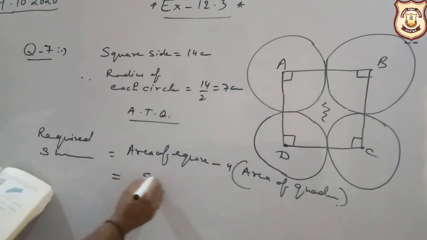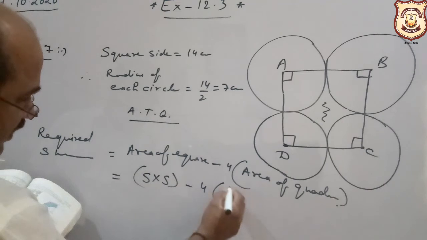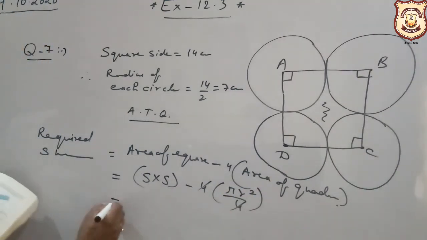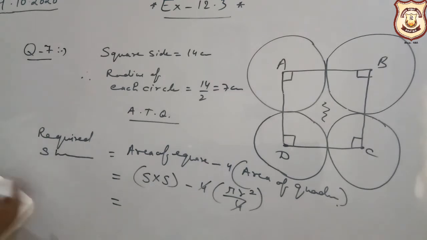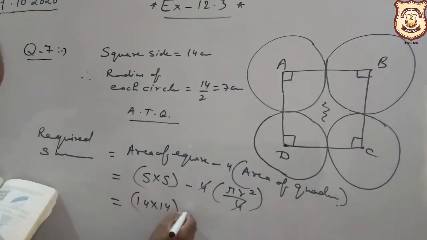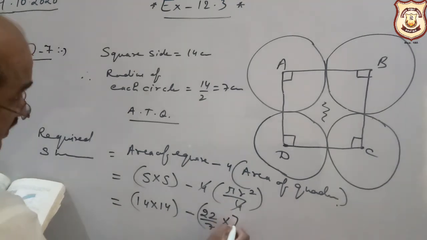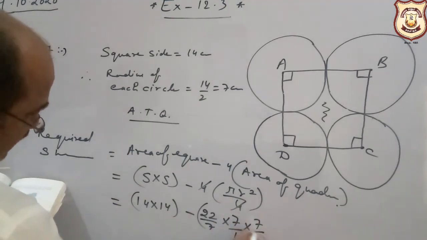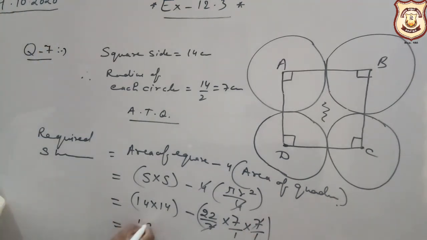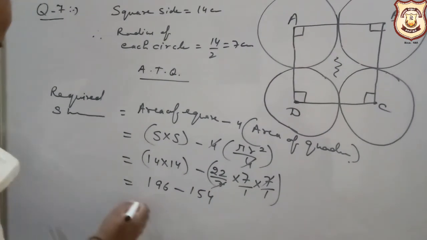area of square is side multiply side, area of quadrant is pi r square by 4, 4 cancels with 4, side given 14, 14 into 14, pi 22 by 7, 7 by 1, 7 by 1, 7 cancels with 7. 196 minus 154.